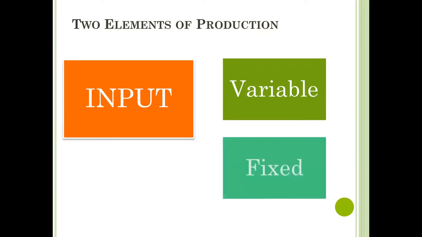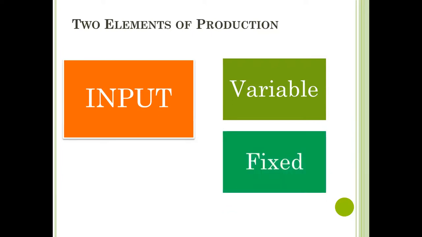So we also have fixed inputs. For fixed inputs, these are always constant. So hindi siya nagbabago, even as you produce something over a period of time. So these inputs can only be changed over a long run business transaction.